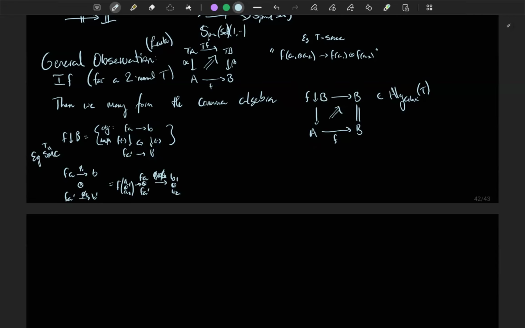So it's pretty clear from this that the left projection is going to be strict. Is that right? No, sorry, the right projection is going to be strict.